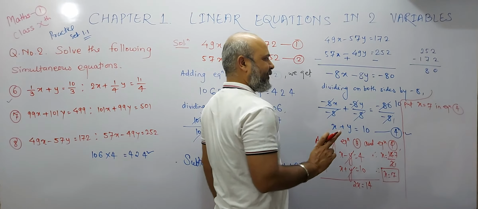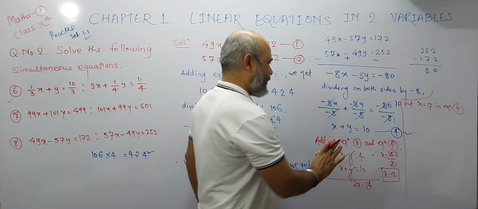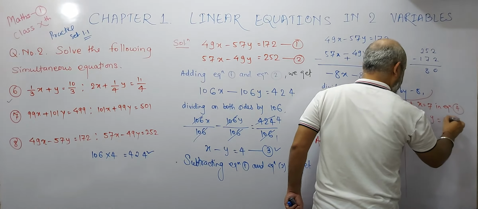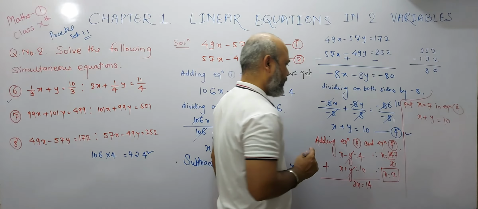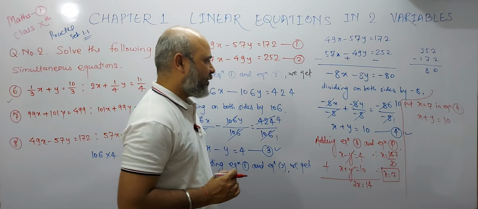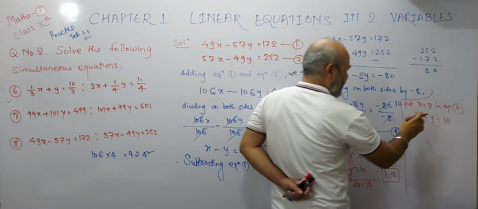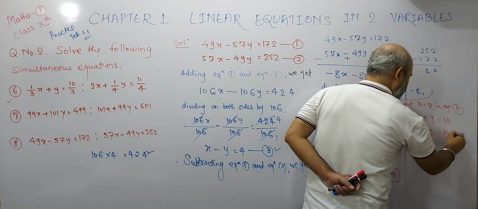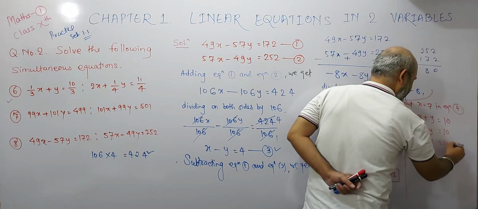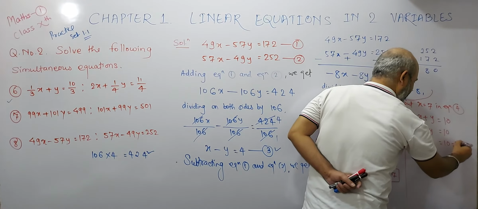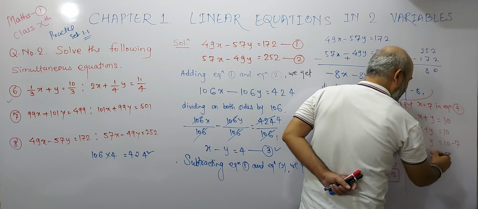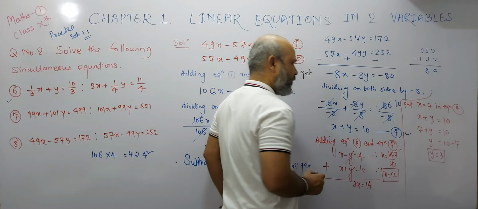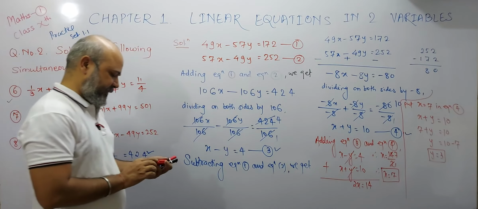And equation 4 is x plus y is equal to 10. So x is 7, so 7 plus y is equal to 10. So what will be y? y is equal to 10, this plus 7 becomes minus 7. So y is equal to 3. Clear?